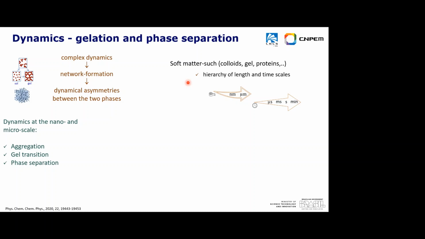At the beginning of the process, the dynamics is very fast because you have small clusters. As these clusters form the gel network, the dynamics slow down. So it's important to be able to follow both fast and slow dynamics to capture the whole process. And for the length scale, the same thing. Things usually start as small particles, small clusters, and then they grow, and we can follow this evolution using XPCS.